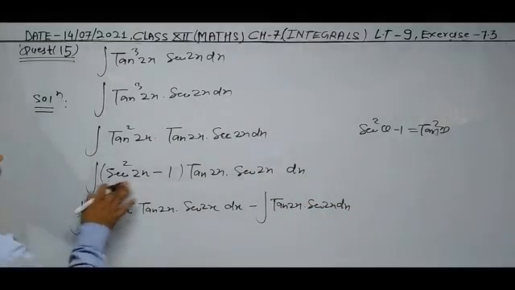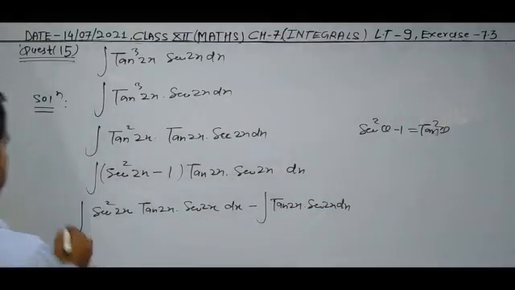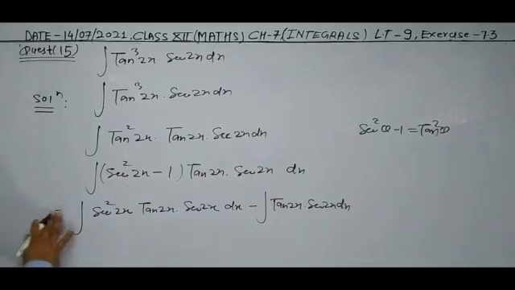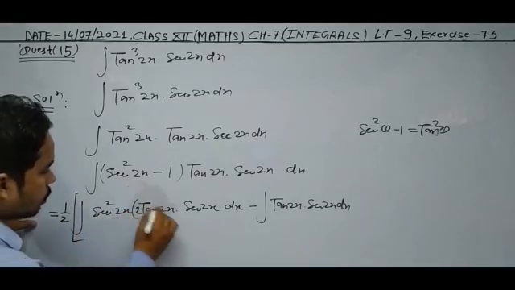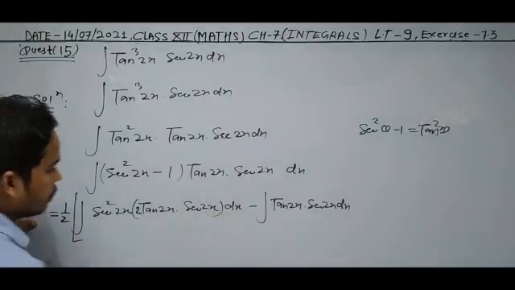This integration will convert into 2 integrations. Suppose we are going to rationalize by 1 by 2, so we have to multiply by 2.